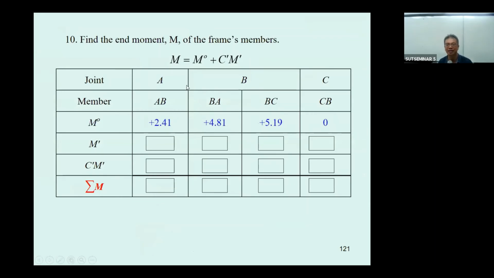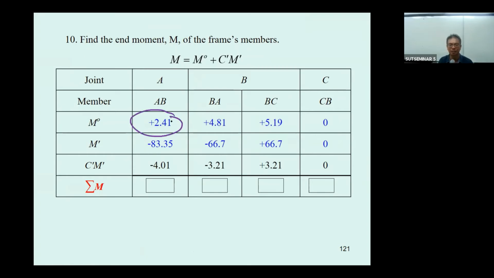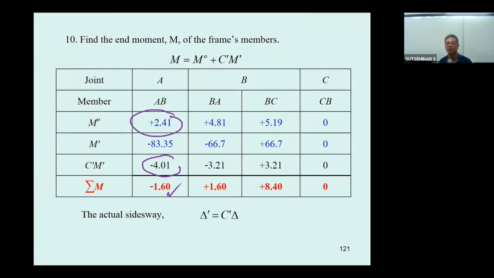By doing this is going to be M super O, and then you do the correction for the M prime. You sum this one by this one, and then you get this portion, and do the same thing for the other. And you must notice the actual sidesway is going to be something like this.